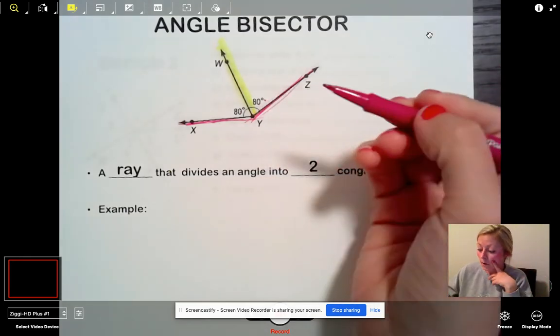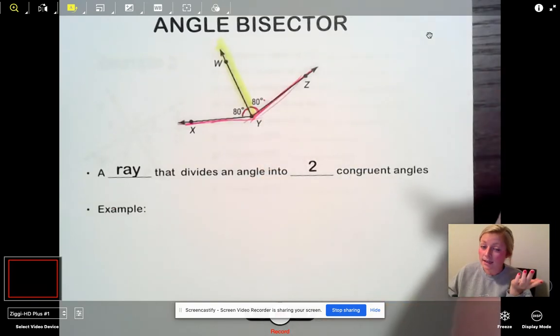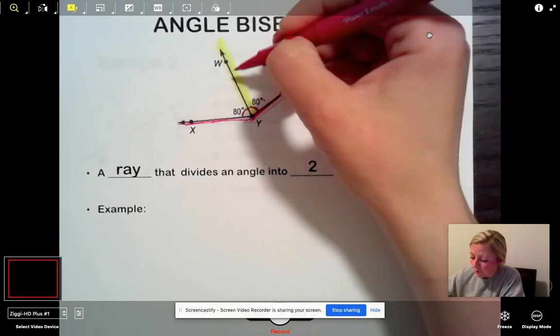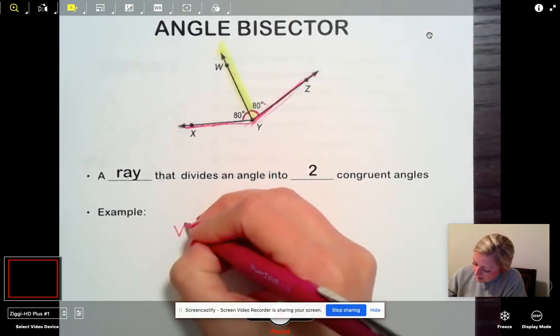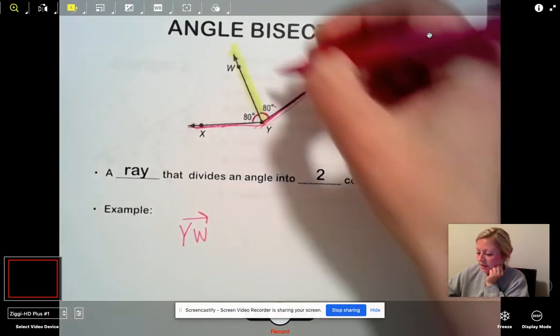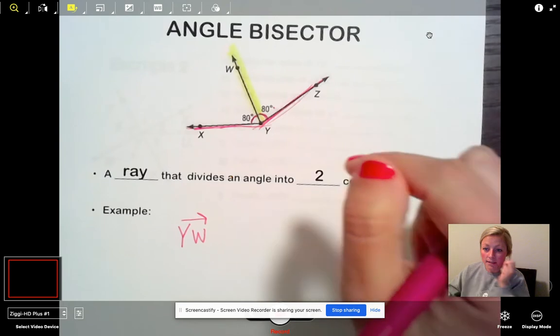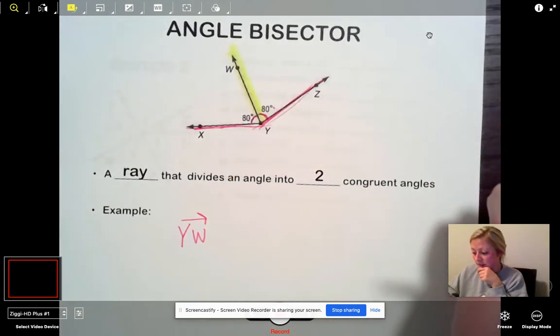Yup. Or, do you guys see how we have the little archy mark and an archy mark? Again, indicating we have congruent angles. So therefore, ray YW is our angle bisector because that is what is cutting this big obtuse angle into 2 equal pieces.